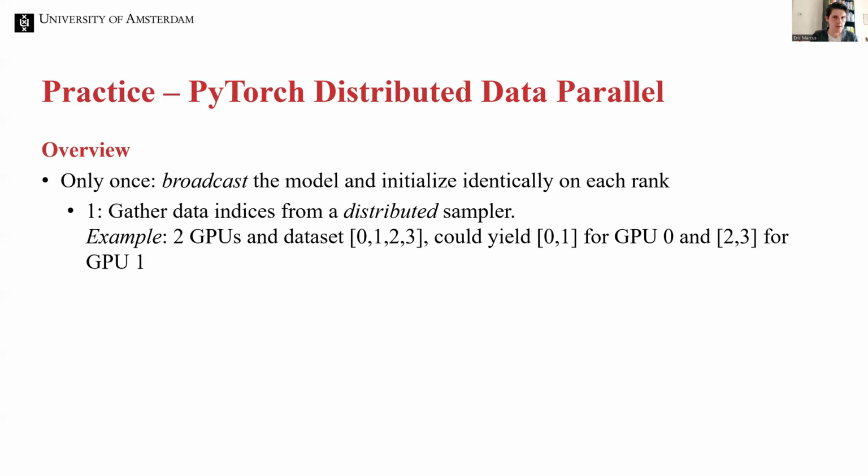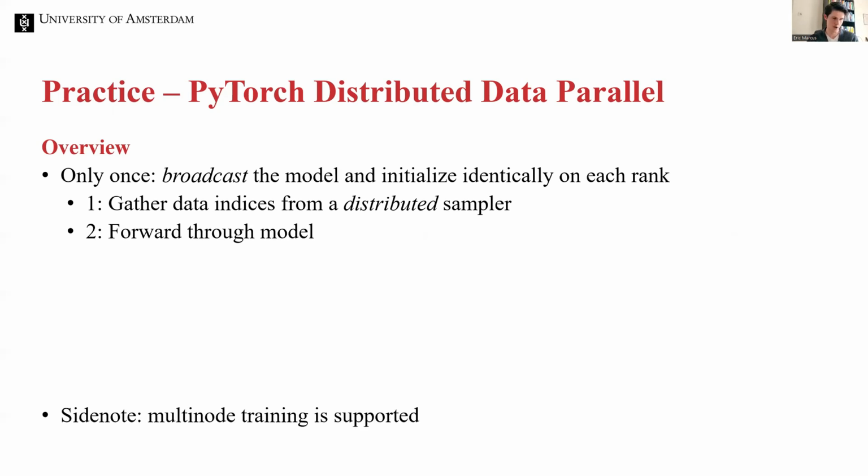Then a distributed sampler could be picking out indices of this, which are then assigned to each of the ranks. So GPU 0 could get 0 and 1, and GPU 1 could get 2 and 3, right? Which is then the data that they are going to be using for that particular forward. Okay, good.